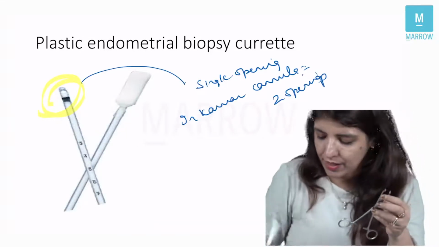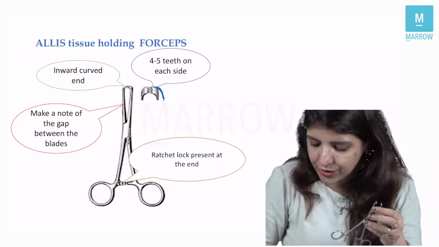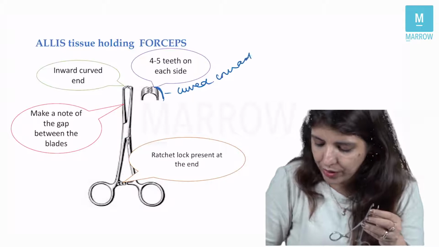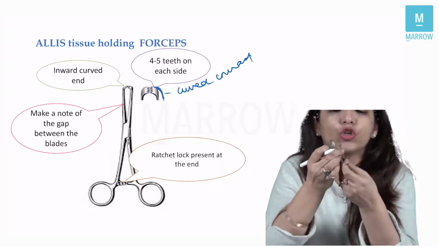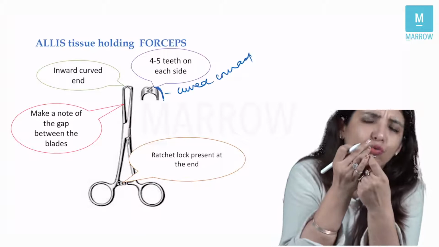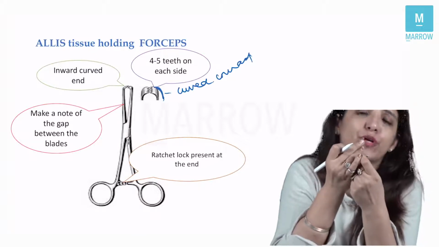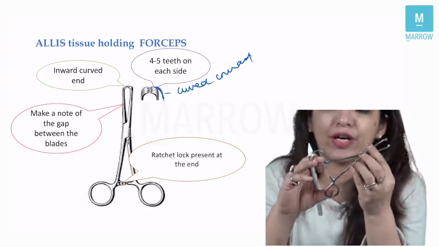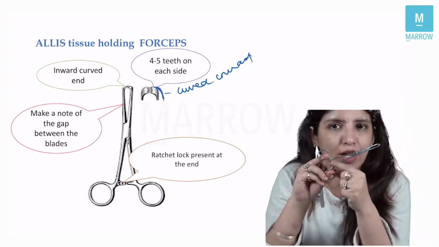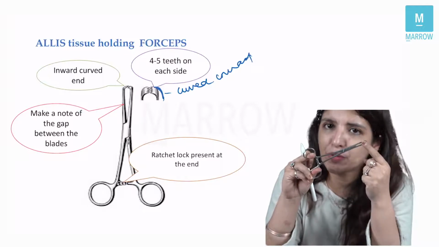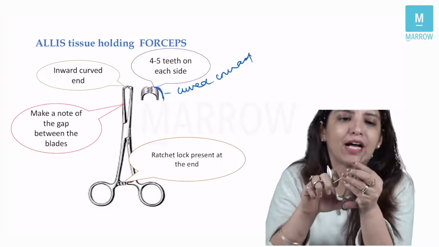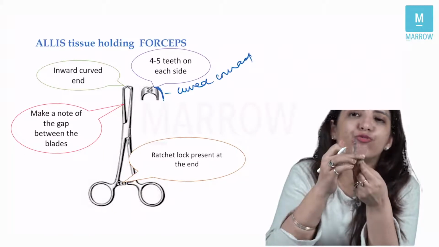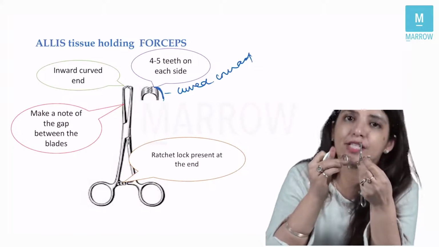Can you see? And it has 4 to 5 small teeth present on the tip. So again, the identifying features of an Alice forceps: a ratchet lock at the handle, a gap between the blades, blades curved inwards, and when you open them, you get 4 to 5 rat teeth.